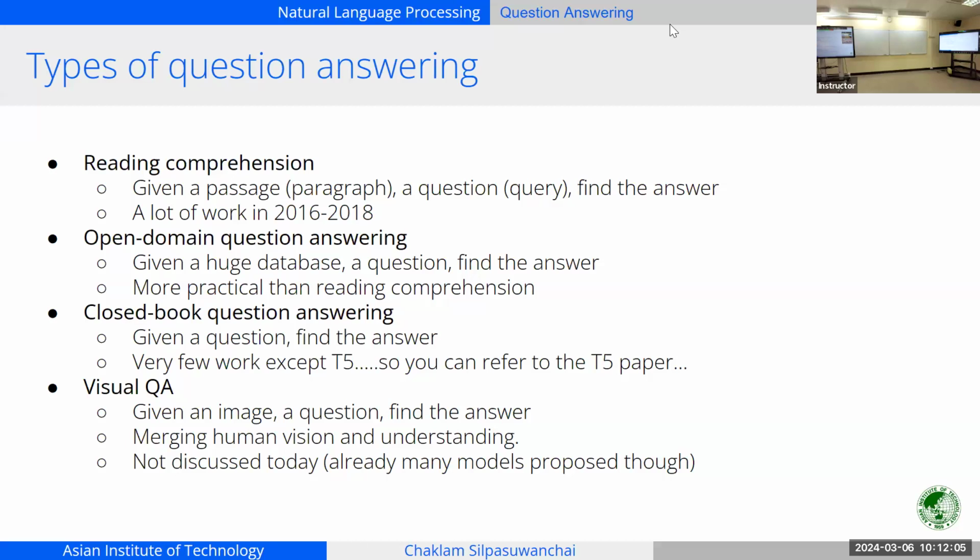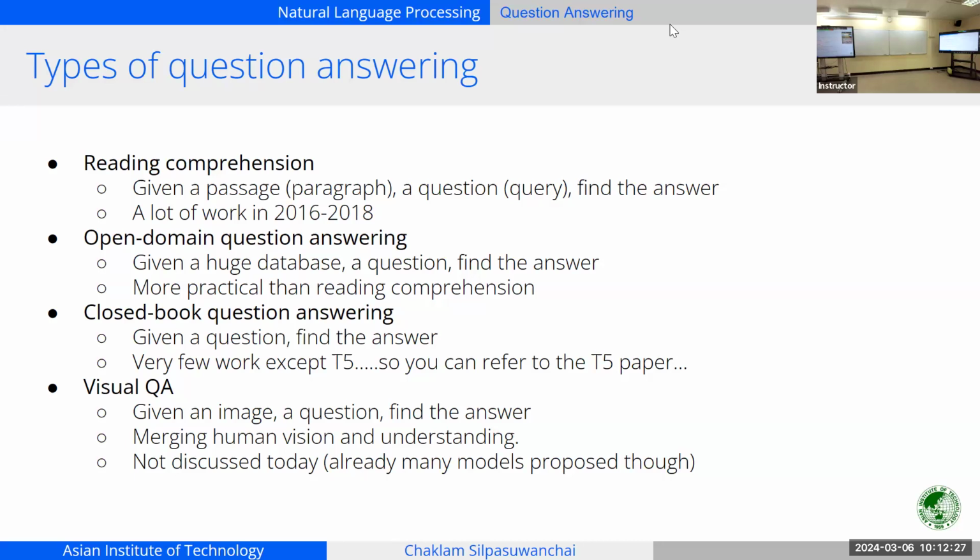I will not teach you closed book, because even though closed book is very important, if you want to know how to do closed book, the answer is just to train ChatGPT. If you can train a model as big as ChatGPT, it can know everything.